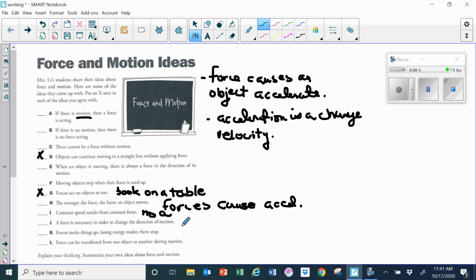Okay, a force is necessary in order to change the direction of motion. Yeah, for sure, because acceleration is a change in the velocity. And there are three ways the velocity can accelerate, right? One is speed up. One is slow down.